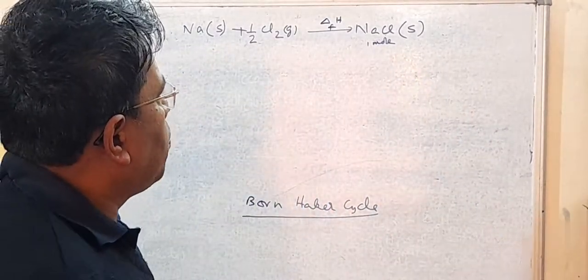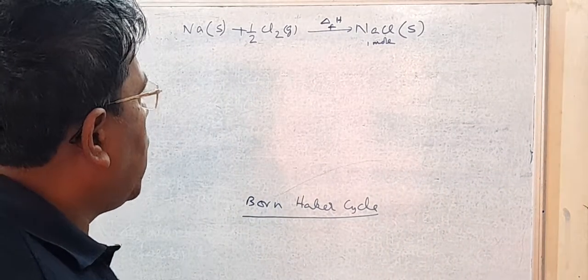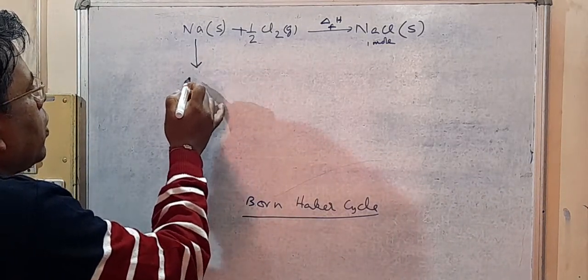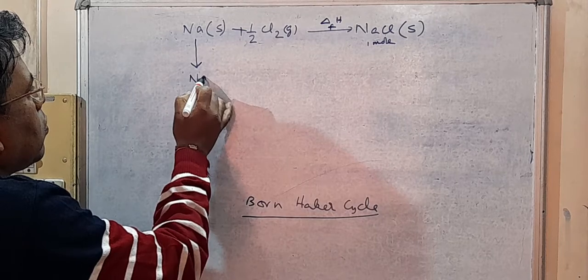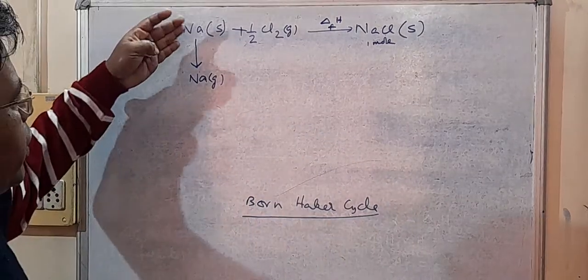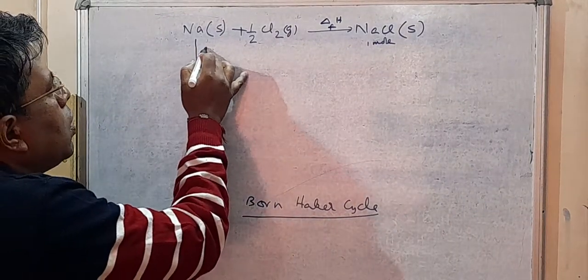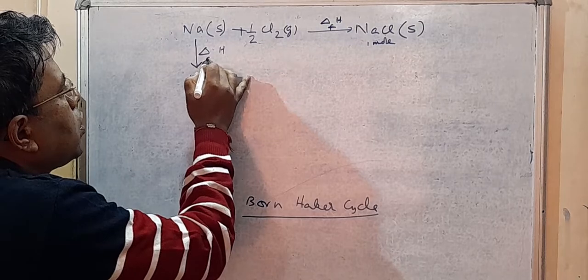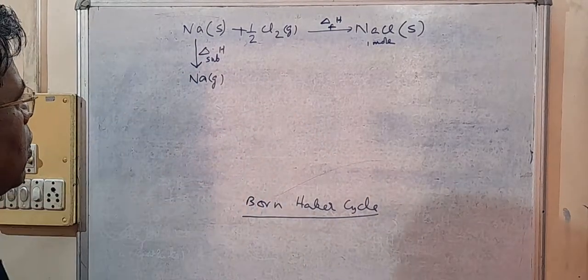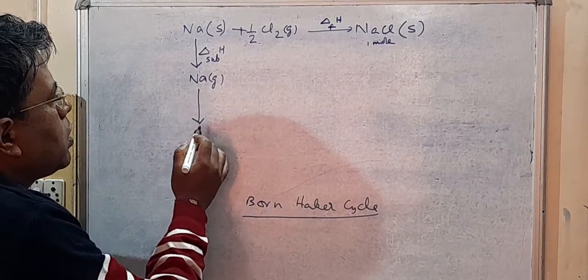Now this process, you know, can be thought of as being carried out in some other way that I am showing you here. Sodium solid to sodium gas. Now you already know solid to gas is called sublimation. So here sublimation enthalpy is involved. Then suppose sodium gaseous.